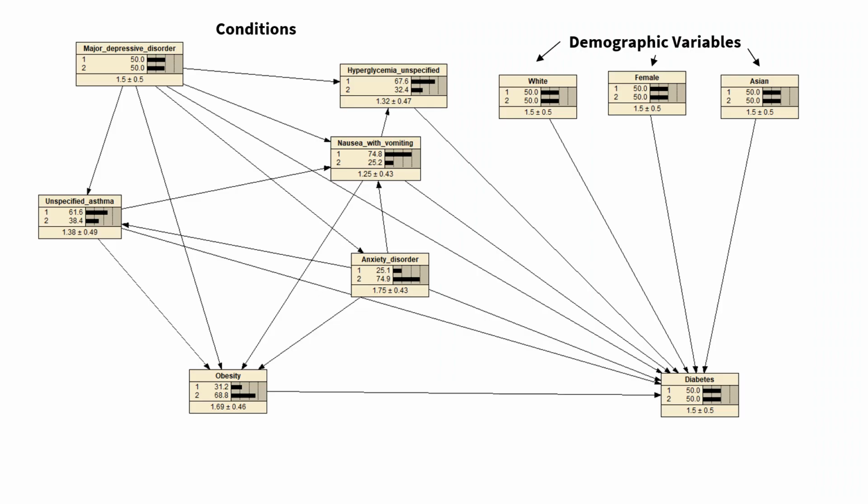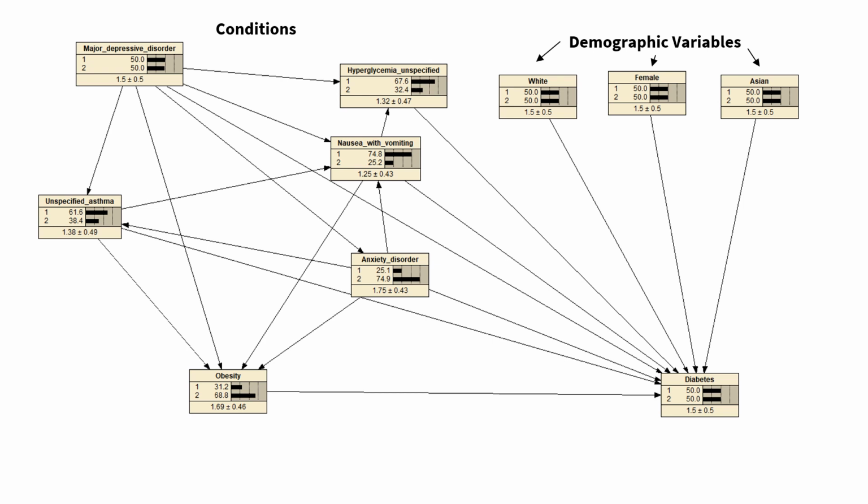So after doing that for each variable, this is the network that we built. There are no cycles in this network. You can see that obesity is a parent of diabetes, unspecified asthma is a parent of nausea, obesity, and diabetes.